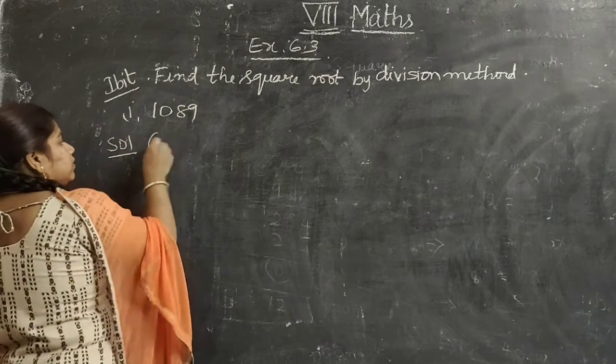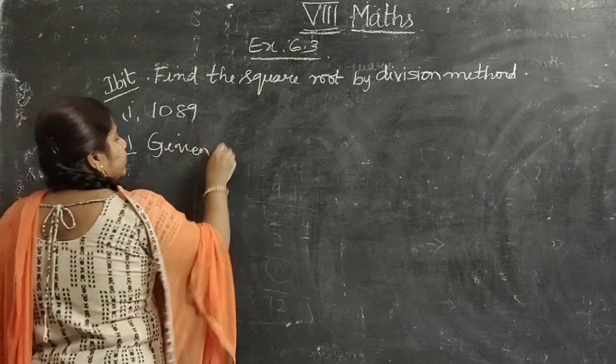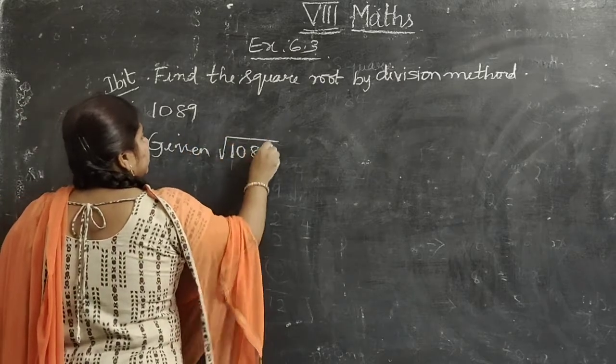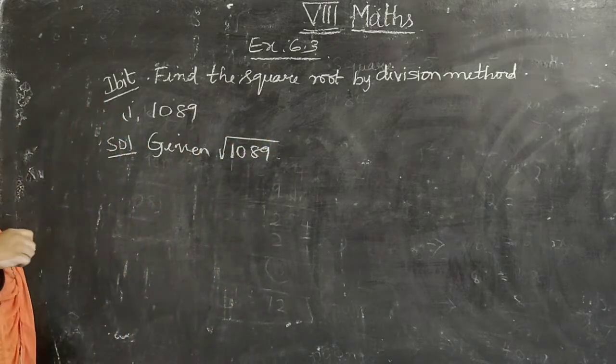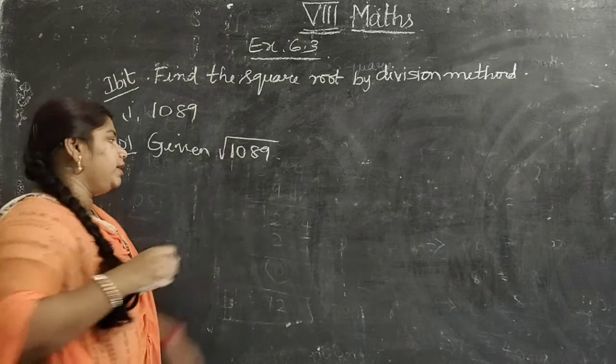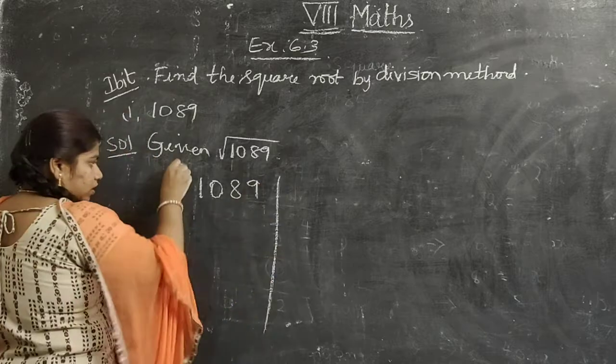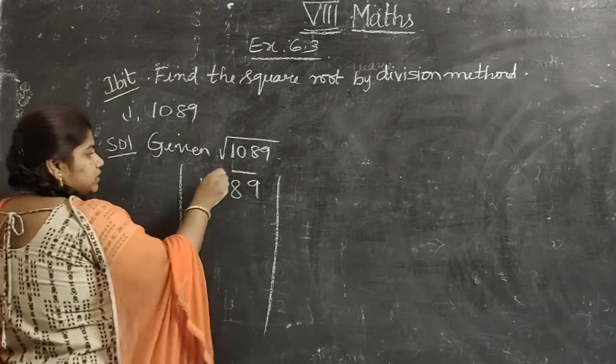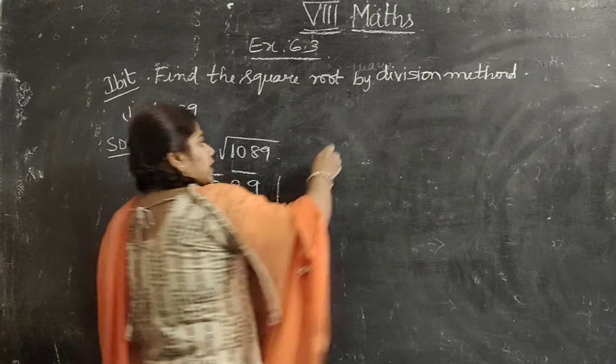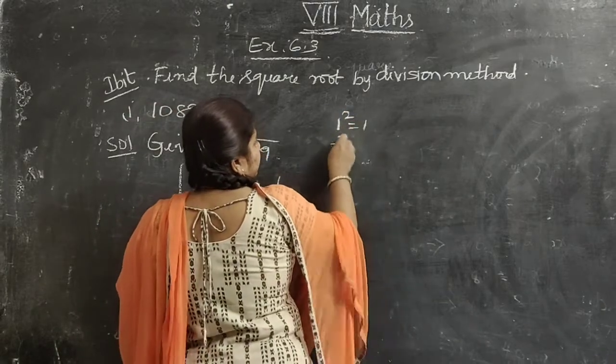So given the square root of 1089, we have to find the square root value of 1089 by using the division method. First pair the numbers. Write the square numbers. 1 square will be 1.